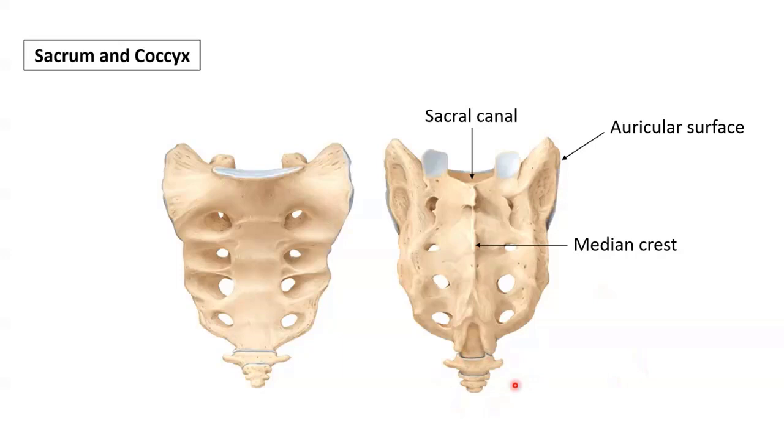The coccyx is then this smaller bone at the very bottom of our vertebral column, usually formed by the fusion of 4 coccygeal vertebrae, although this number can vary between individuals.